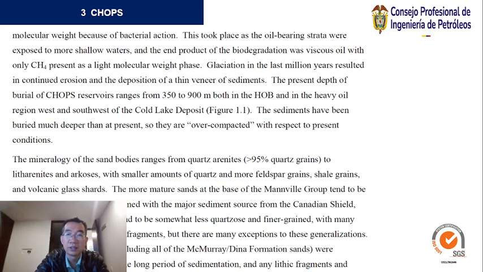Glaciation in the last millions of years resulted in continual erosion and the exposure of a thin veneer of sediments.